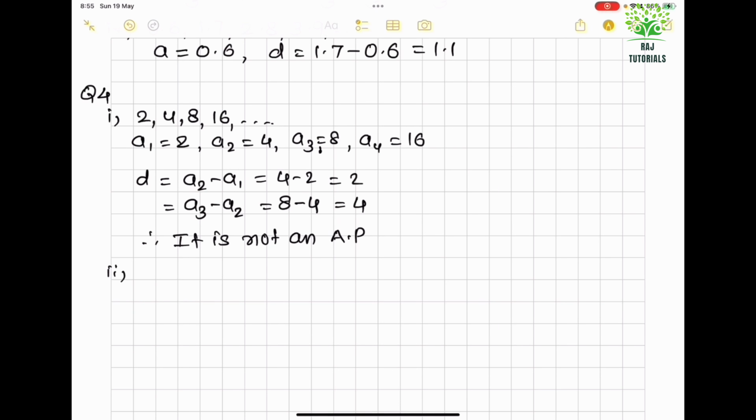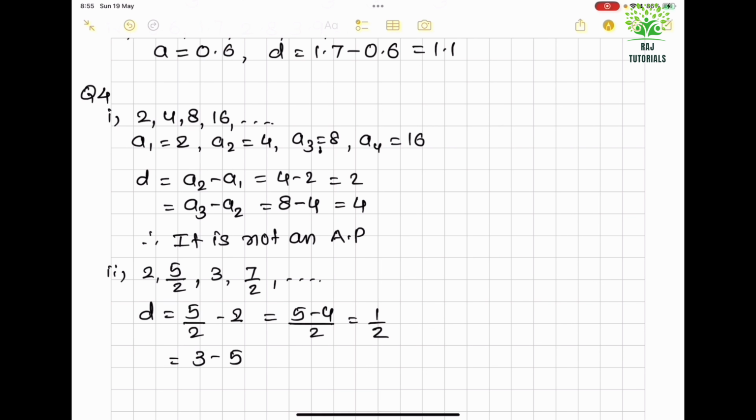So second one is 2, 5 by 2, 3, 7 by 2, and so on. So D will be 5 by 2 minus 2. So that is 5 minus 4 by 2, so 1 by 2. 3 minus 5 by 2, so this will be 6 minus 5 by 2, so 1 by 2.